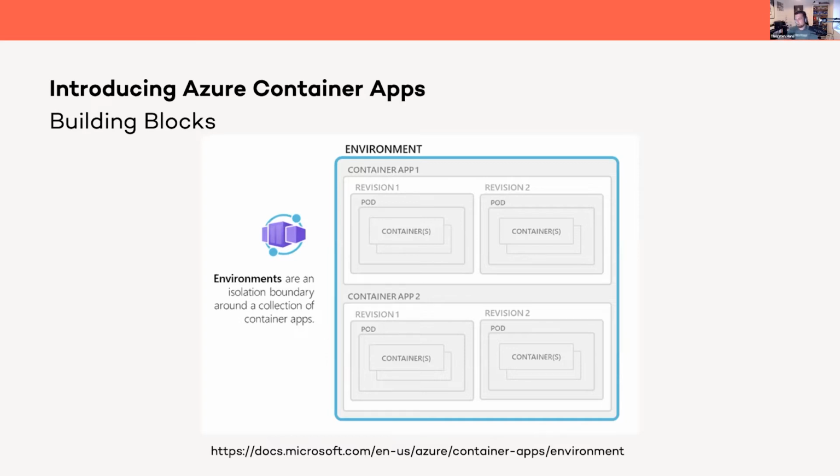So it's a lot of Kubernetes specifica, but what Azure Container Apps really asks you to do is bring or create at least one environment in your Azure subscription, and then you can deploy your container apps into that environment.